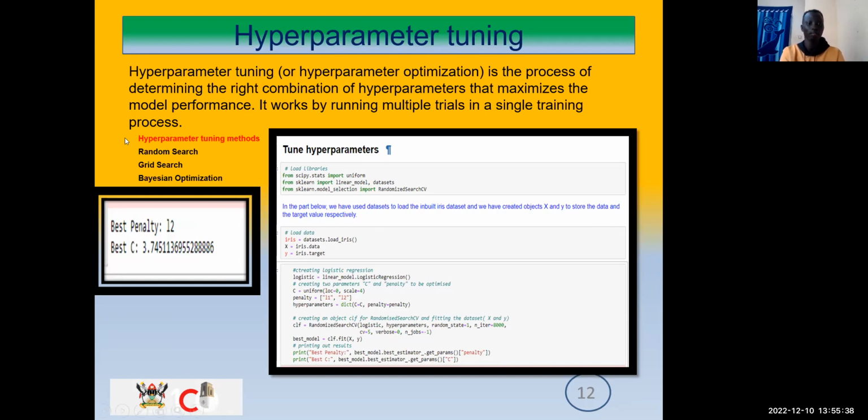Now, we can have methods like random search, grid search, Bayesian optimization, but basing on the random search, the algorithm we use here is going to give us the output where we have the penalty and then the C. So the best penalty is going to be l2, then the best C is going to be 3.745 and so on. So this is basically about hyperparameter tuning.